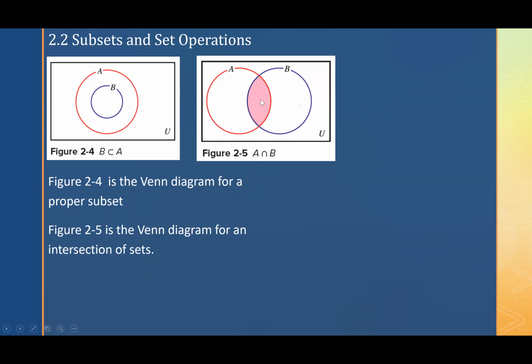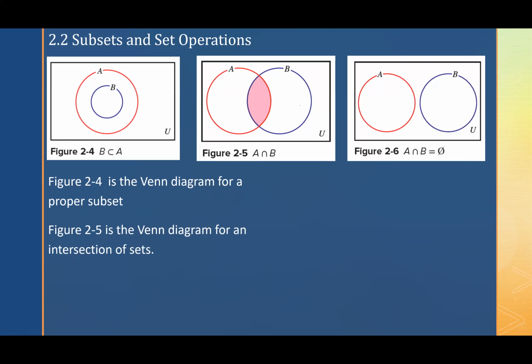And we have a disjoint set, and the disjoint set is just like the name: the 2 sets are disjoint from each other, meaning A and B do not have anything in common. The only thing they have in common is the empty set, meaning nothing at all. Whatever is in A is in A, whatever is in B is in B. They do not share anything. They are in the universe, but they are not sharing anything.